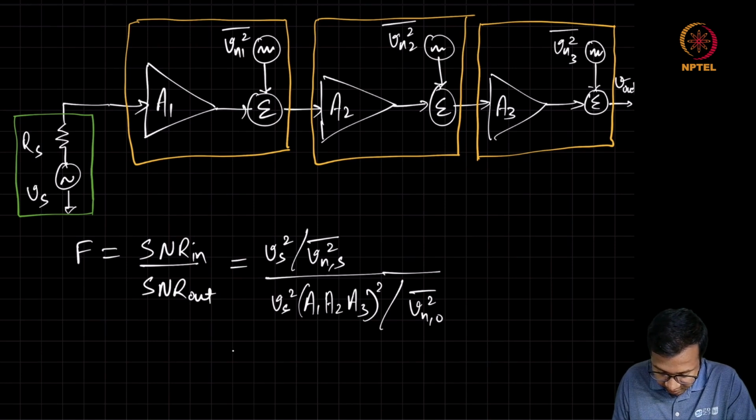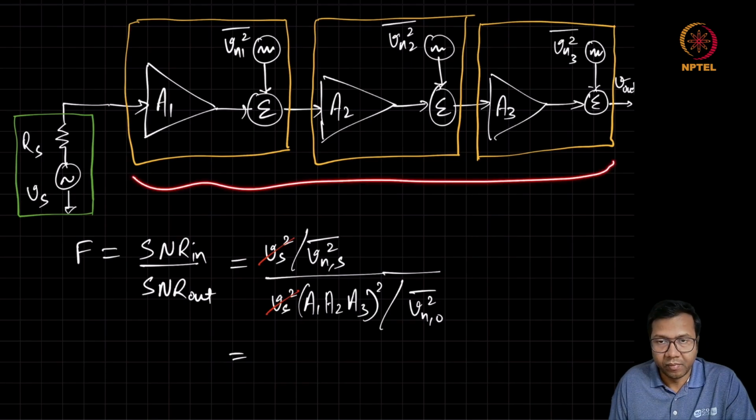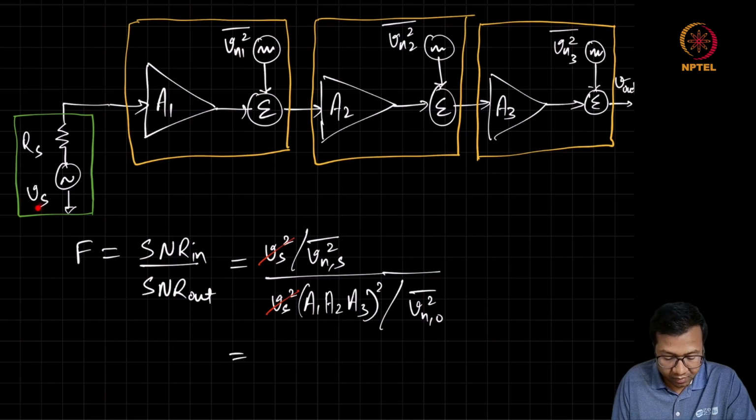So if we simplify this, we see that this Vs actually gets cancelled. So this noise factor, if you see properly, doesn't depend on the amount of signal which you are applying. And that also makes sense because the noise factor is a property of the system and it should not depend on the signal strength.